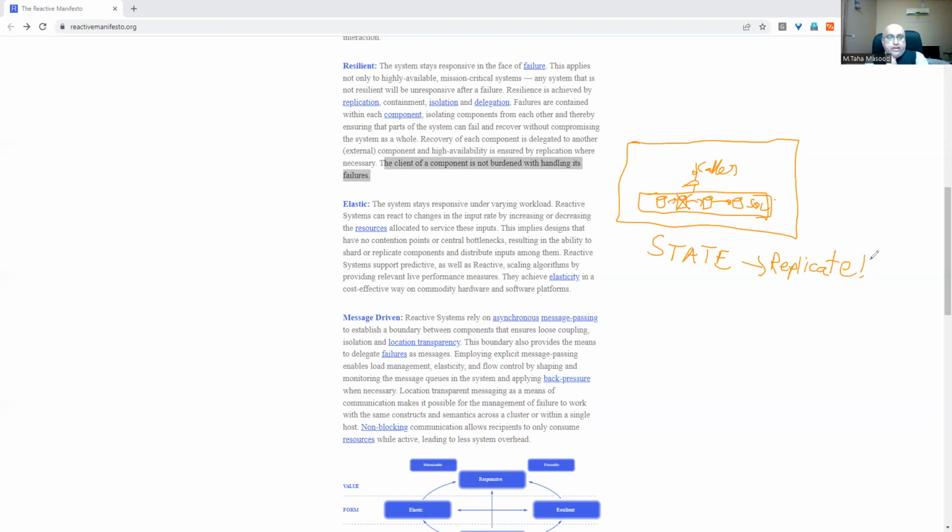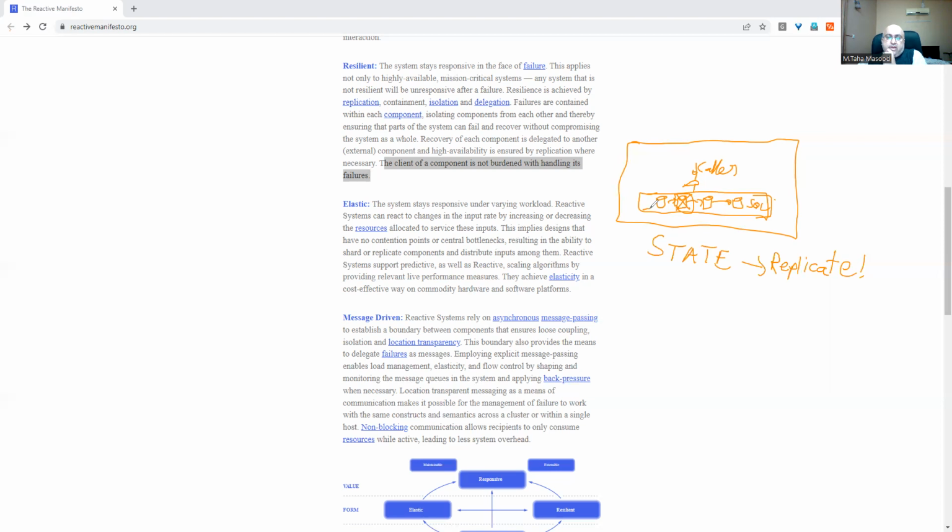And it says that recovery of each component is delegated to another external component. Well, depends. Sometimes the cluster internally can self-heal, if possible. Maybe this is a separate VM, or it can be restarted, diagnostics can be run, auto healing can be performed.